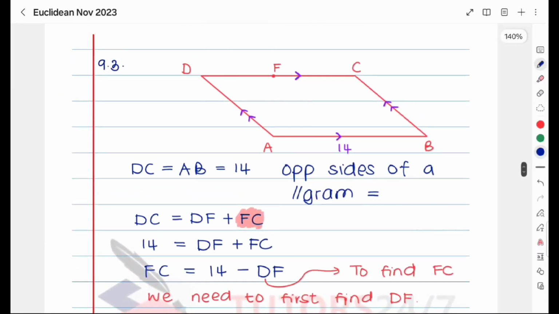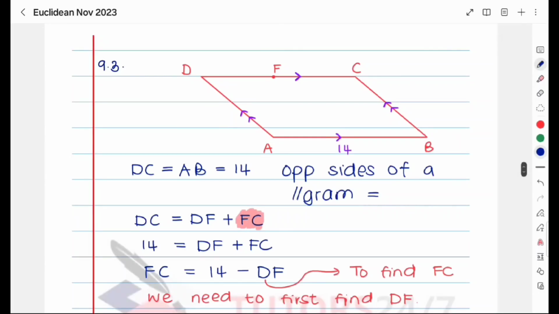In order to calculate FC, all you needed to do was identify that because you're dealing with a parallelogram, opposite sides of a parallelogram are equal, which means that AB is equal to DC is equal to 14. You know that DC is broken up into DF and FC. From there, you were able to create the equation DC is equal to DF plus FC.